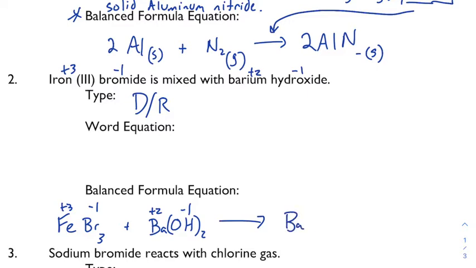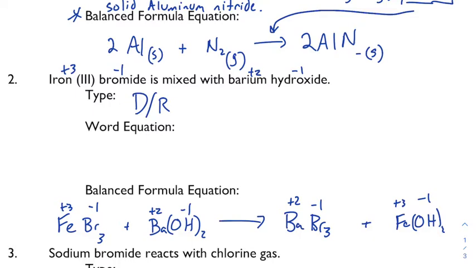So now Ba is with Br3 and Fe is with OH2. Okay, but don't forget the charges. Bring the charges with. And then double check to see if your subscripts make sense.